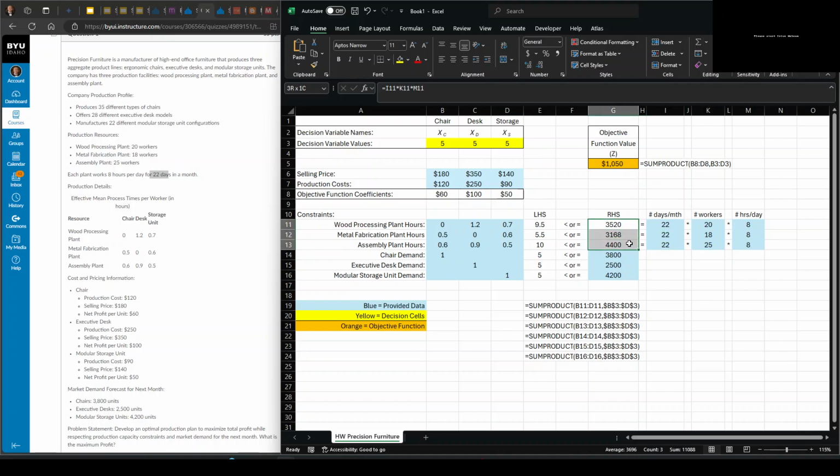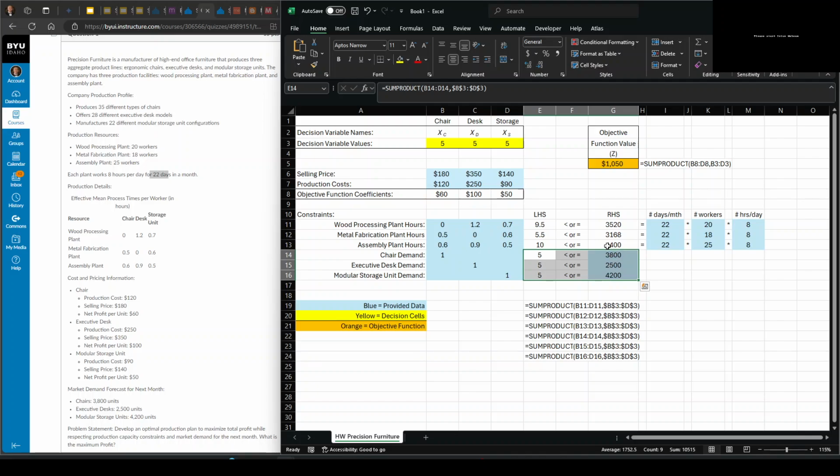So these become the total amount of hours available that we can use to make these products. We can't go above that. So we have to set a limit to how much time we use to be less than or equal to these total limits here. We have to set a limit or a constraint to the total produced to be less than or equal to the total demand here.